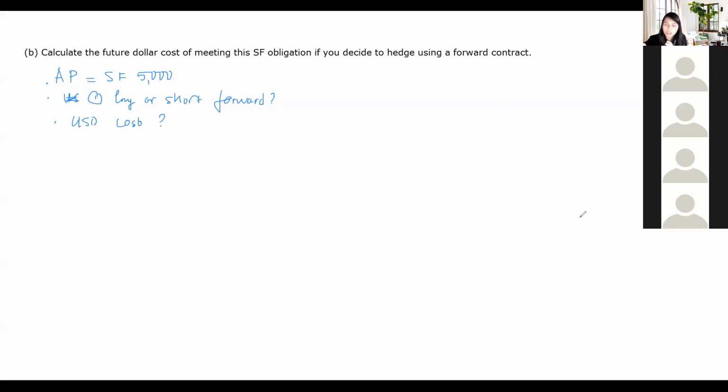So in the future, the transaction you want to do is convert from USD into the Swiss franc, and so essentially you're buying the Swiss franc. As a result, to lock in an exchange rate to settle this account payable, I'm going to long the forward contract. This will allow me to buy the Swiss franc at a fixed rate today. Okay.